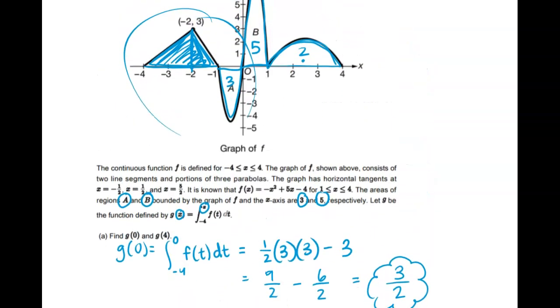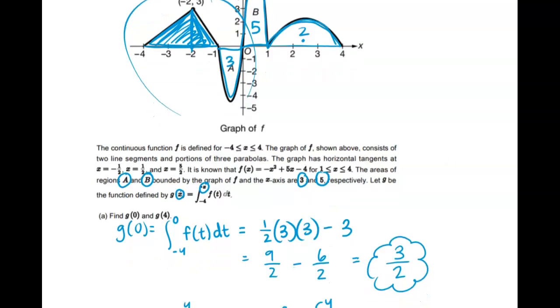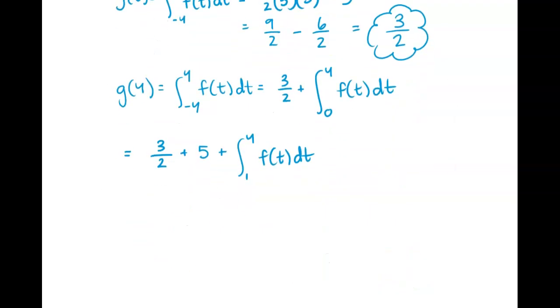Looks kind of like a circle. Let's see, they have to tell us what it is, right? Oh, perfect. 1 to 4, f of x is -x² plus 5x minus 4. So we can rewrite this as 3/2 plus 5 plus the integral from 1 to 4 of -x² plus 5x minus 4 dx.